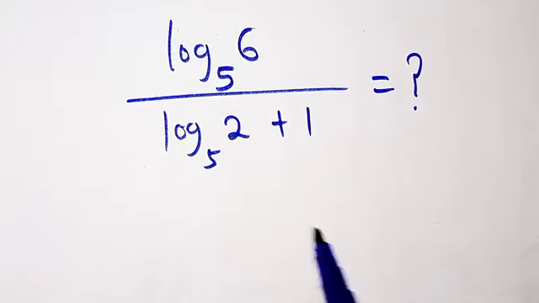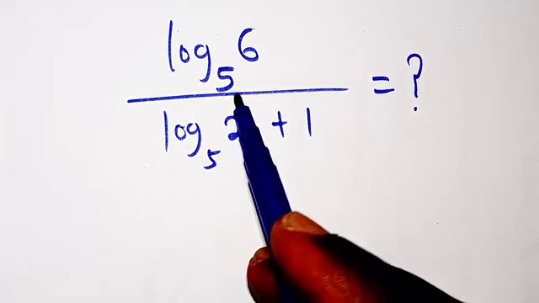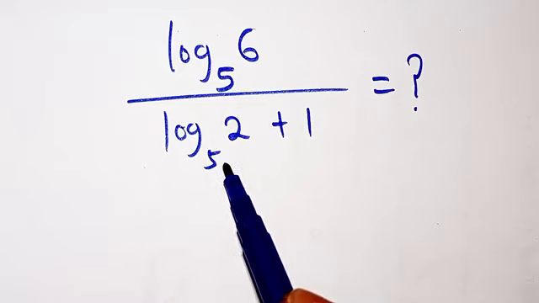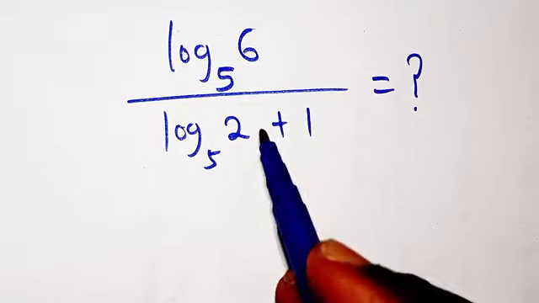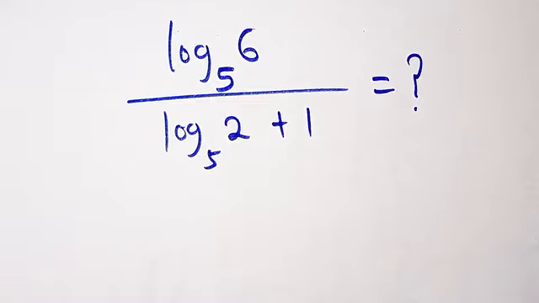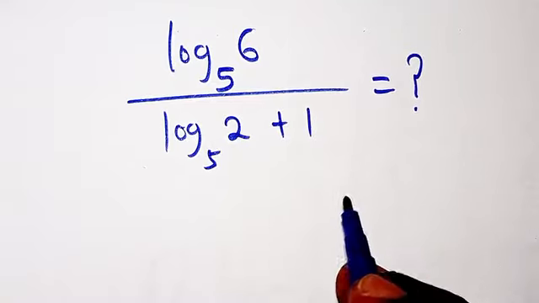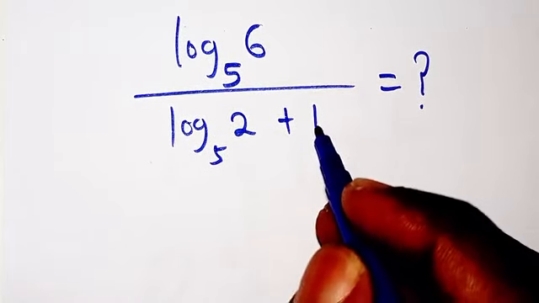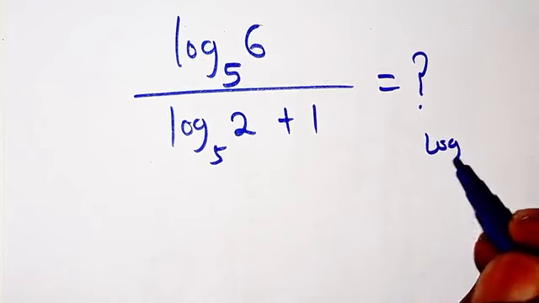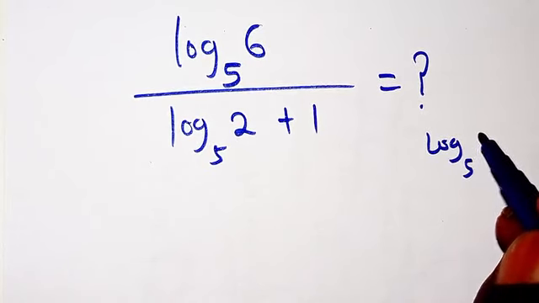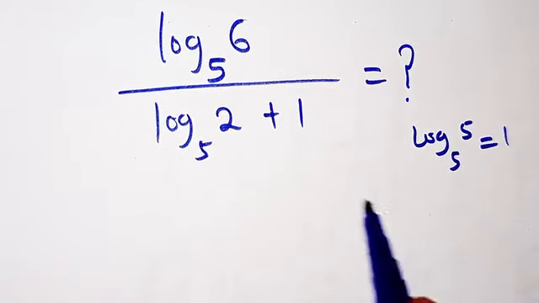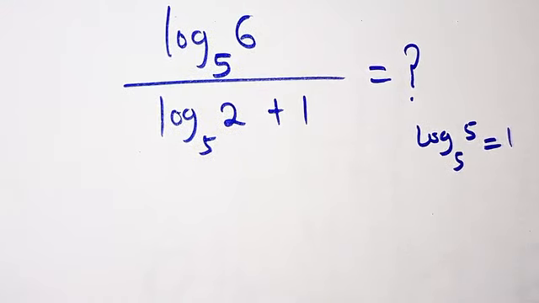Hello viewers, you're welcome. We have this logarithmic expression: log base 5 of 6 divided by log base 5 of 2 plus 1. So what are we going to do? I'm going to change this 1 to log base 5 of 5, and this will give me 1 because we have base 5 all through.